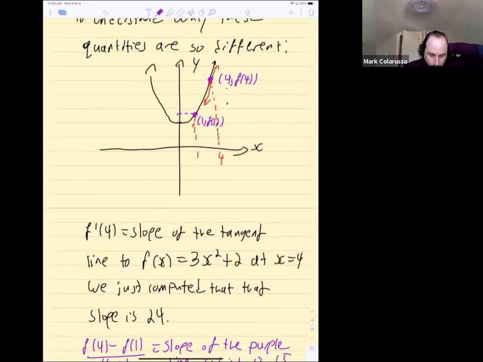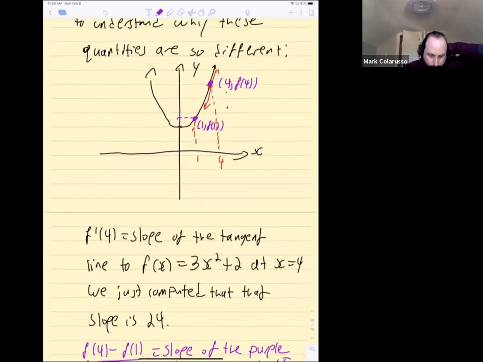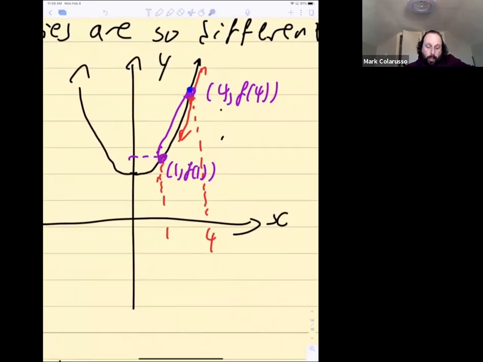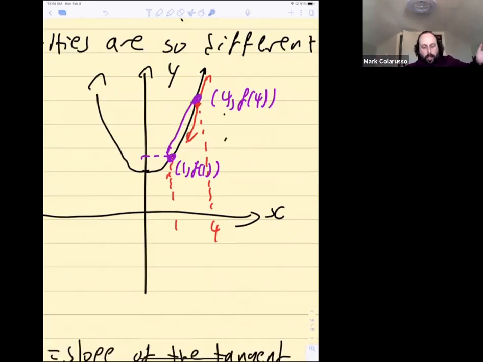I probably needed a more accurate picture to show you this properly. Let me see if I can draw it a bit better. But the slope of the red line is steeper than the slope of the purple line. So the instantaneous rate of change at 4 is more positive, sharper than the average rate of change. It's hard to see the precise quantities without a proper scale, but that's the idea.